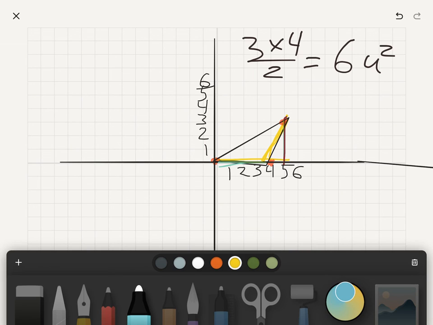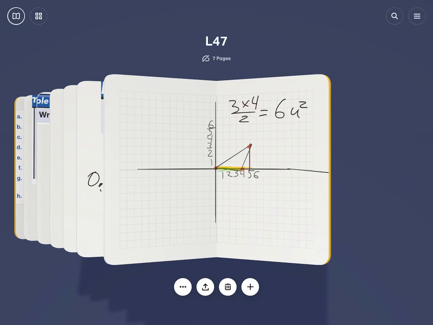I think that's kind of how they were trying to get you with this. It makes sense, but it's good to talk about. Remember, it doesn't matter what the lengths of the sides are. It matters about the height, and then your base just goes as far as the base is supposed to go. Base times height divided by 2.